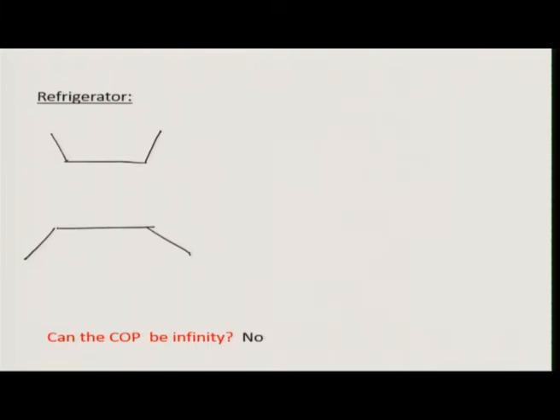So, I have again a hot reservoir T1, cold reservoir T2, and working substance which is working in a closed cycle between these two reservoirs. But the difference is it absorbs heat from the cold reservoir. Remind you, T1 is greater than T2.